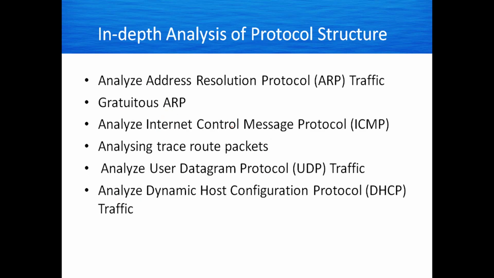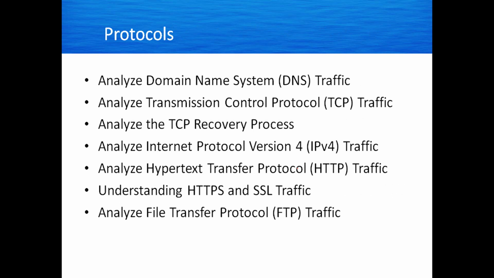In-depth analysis of protocol structure. We are going to analyze in this course the Address Resolution Protocol, ARP, gratuitous ARP, and ICMP, UDP, DHCP. On the next page you see the DNS traffic and the TCP, and we analyze the TCP resolution process and the Internet Control Message Protocol, ICMP, IP version 4, HTTP, literally every common traffic we use.